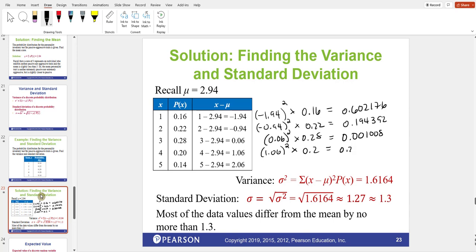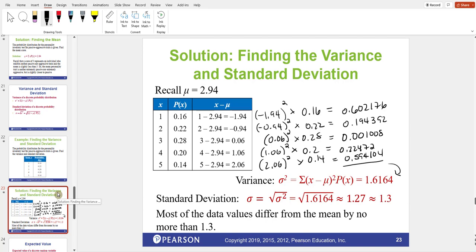So here I got 0.22472, and then this last one, 2.06 squared times 0.14, I got 0.594104. Can't read my writing. Okay, so when I added these up, I got this answer here, 1.6164. So that's my variance. In order to figure out the standard deviation, I took the square root of that, and I got 1.3.